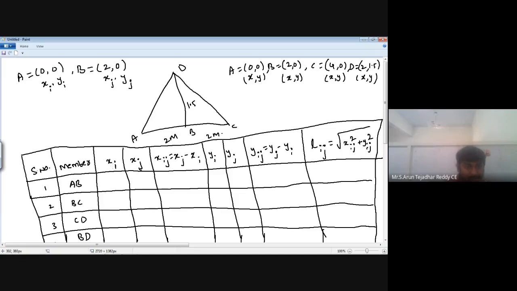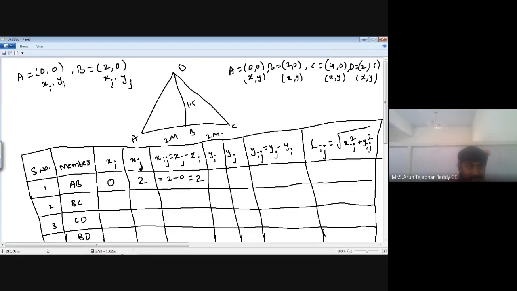Now right here xi is 0. Next column is xj, that is 2 meter. Next formula xij equal to xj minus xi, that is 2 minus 0, then we'll get 2 meter. Next yi, yj.